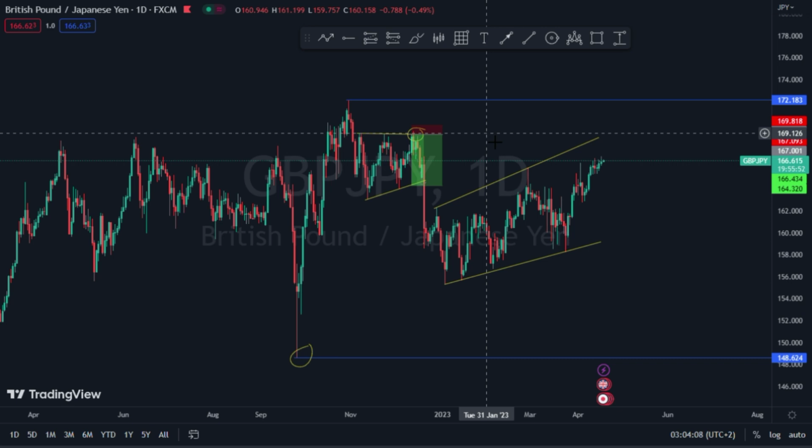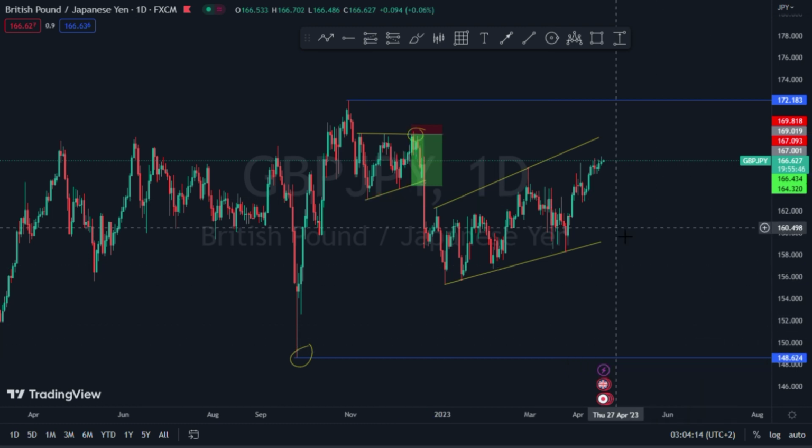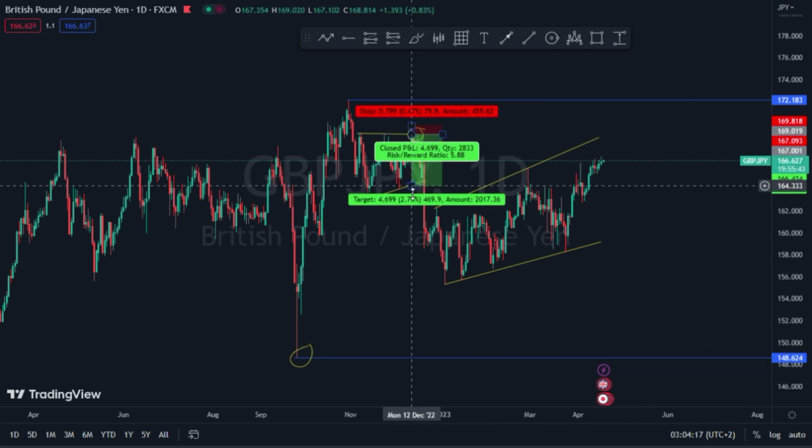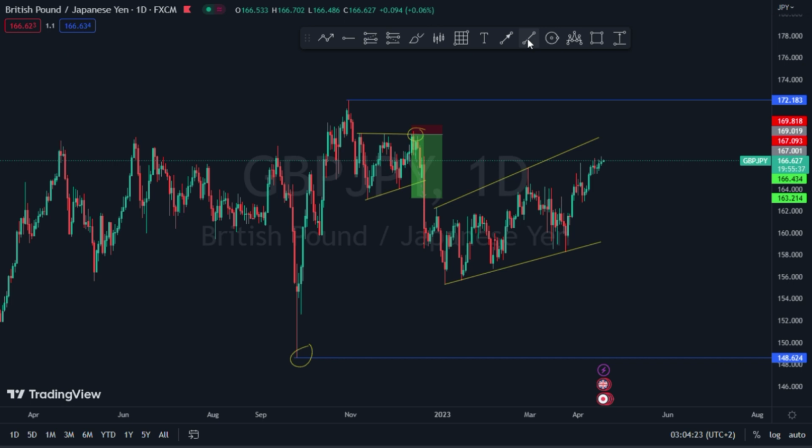So what we want to do is to get involved at the edge of the structure, the edge of the structure being the third touch of that structure, and our take profit being the 90% of that structure, right? The 90% of the structure being that area where the structure started formulating. But because we have other areas that we might look at when we look at our left side of the market, because we use past data to predict the next move in the market, we also have this area right here, right?